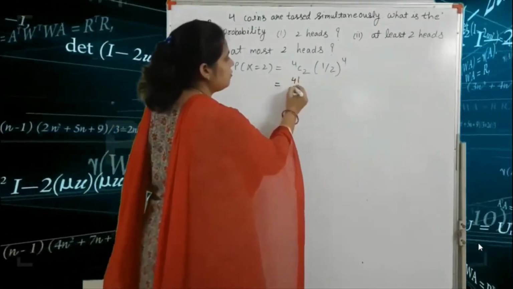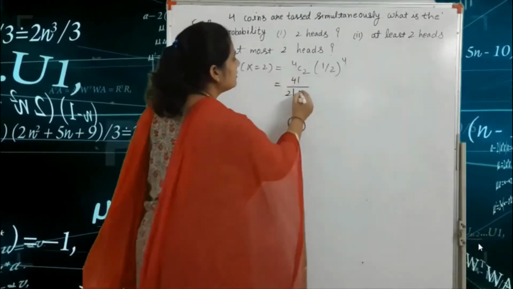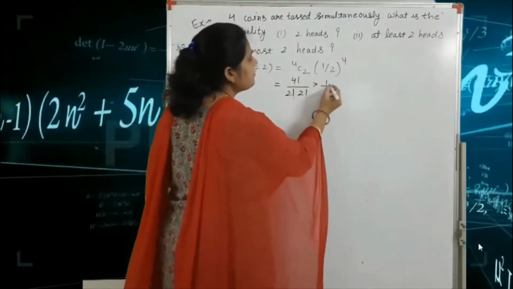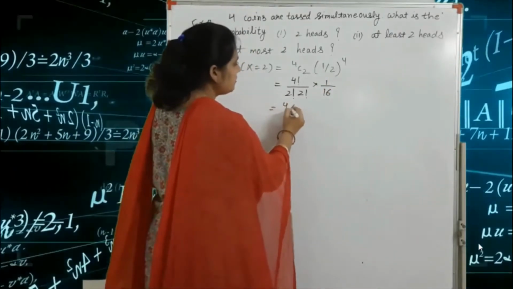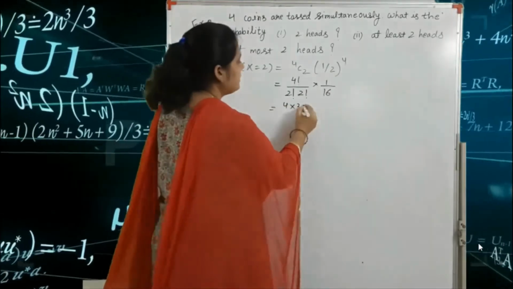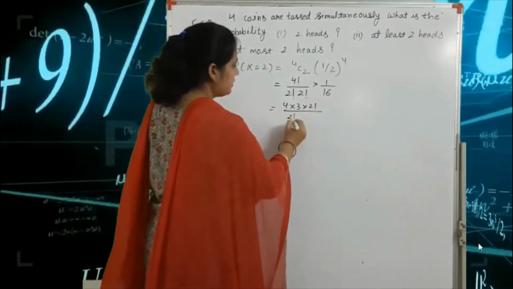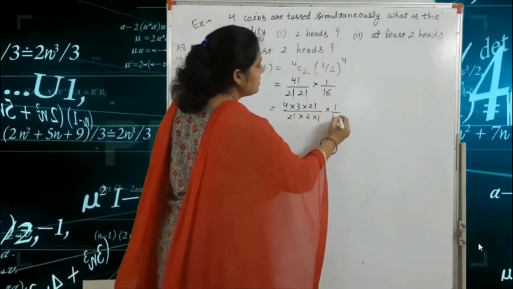So factorial 4 over factorial 2 and factorial n minus r, that is factorial 2, and here 1 by 16. Okay, so factorial 4 opens as 4 into 3 into factorial 2, over factorial 2 into 2 into 1, and 1 by 16.